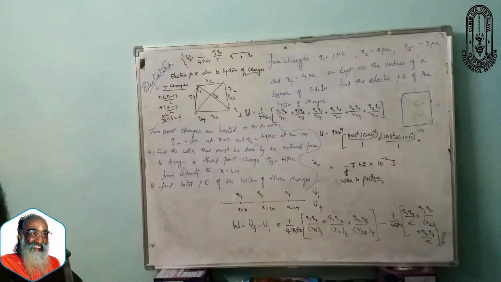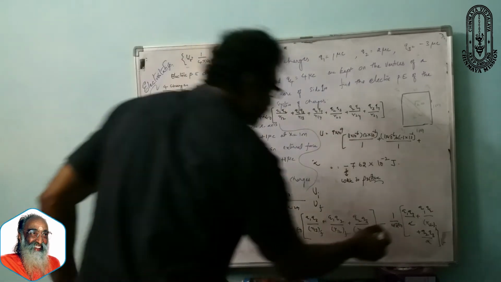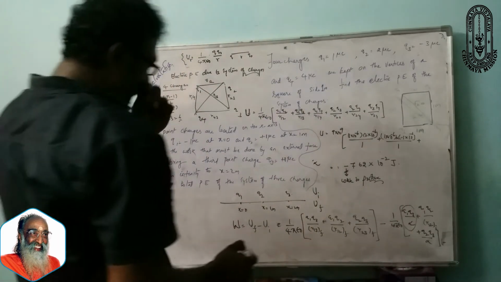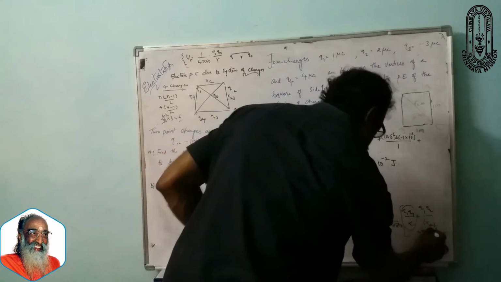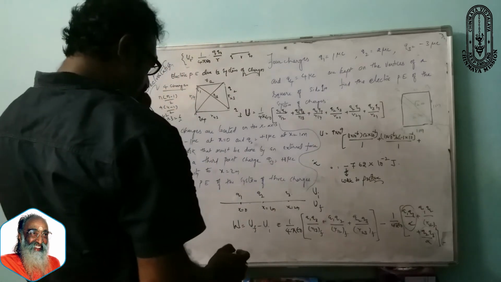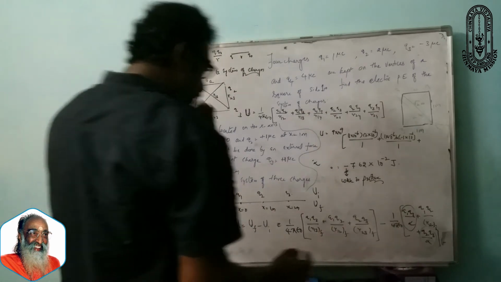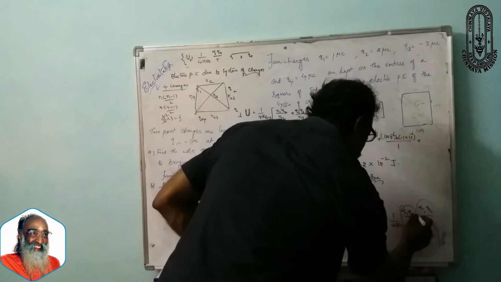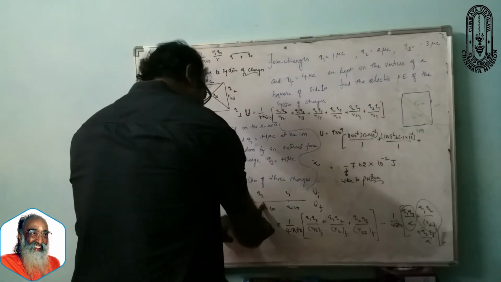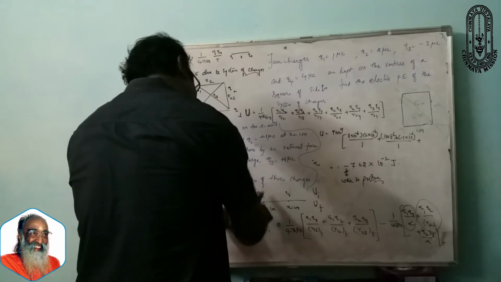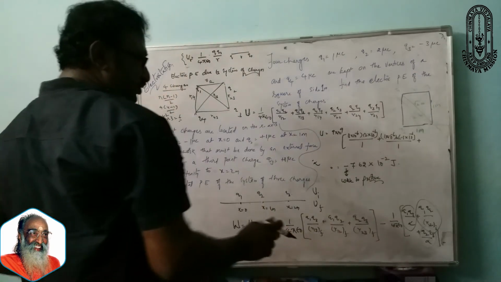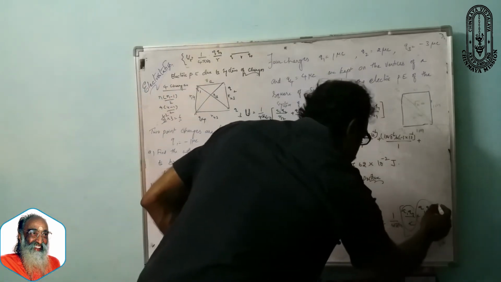Now if you look into the expression here, this becomes 0 because anything by infinity is 0, and this becomes 0. So only Q1 Q2 by R12 initial remains. This remains in the initial state like this, and the final state also remains like that, because only the position of Q3 changes.